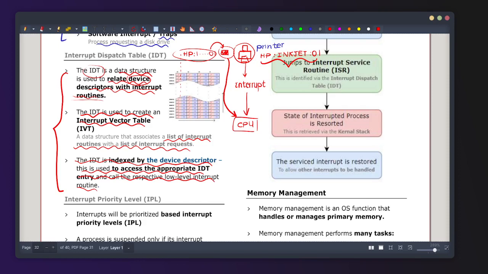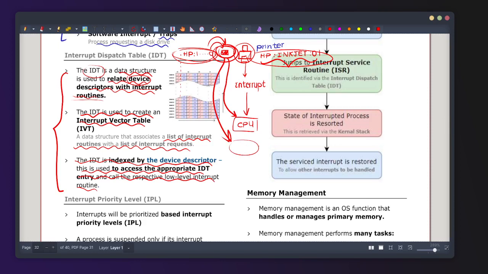So basically, the IDT contains relations between device descriptors and interrupt routines, which are like the name of the printer and the respective program it should run to understand that USB plugin. Because the interrupt dispatch table doesn't have all the information. It just contains devices and what should be done when that device is plugged in, or whatever other interrupt. So in this case, when the device is plugged in, there's a program which is pointed to by the IDT, which probably lives in the RAM or hard disk drive.